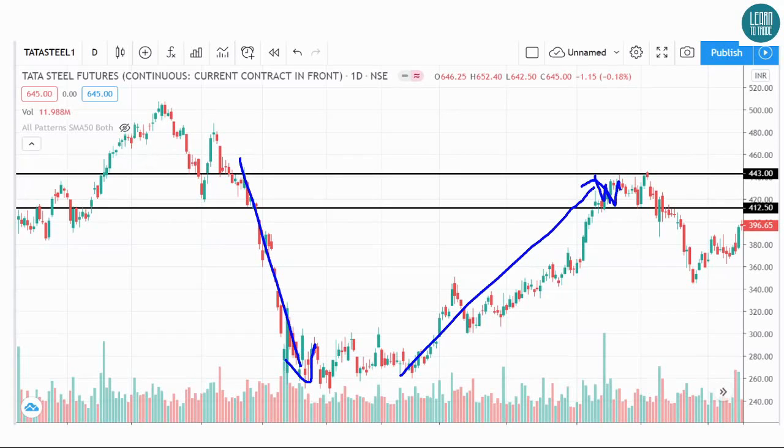So when this balanced auction is getting developed, the trend is towards the upside. It is in the earlier seller zone from which the sellers pushed the price towards the downside, but at the current point the trend is towards the upside.